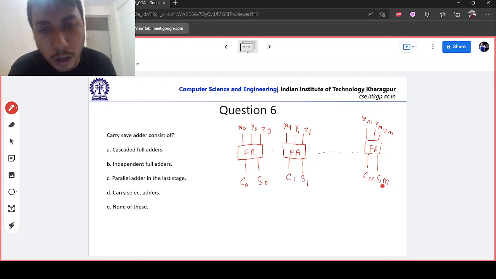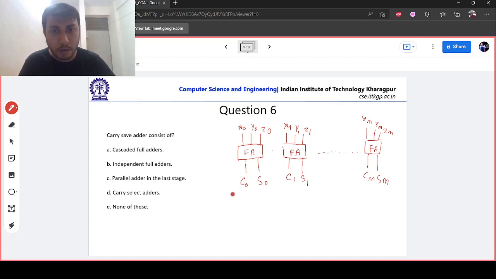So for an n-bit carry save adder, you will have n such small 1-bit full adders, and all the n full adders are independent and can work in parallel.